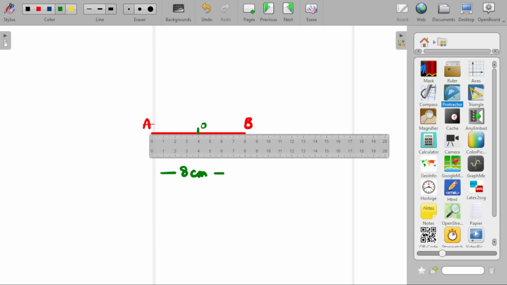Now we will draw an angle by placing the protractor here and draw the angle of 30 degrees. This should be here.